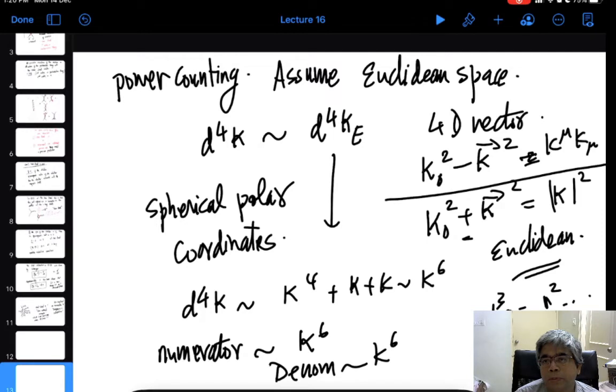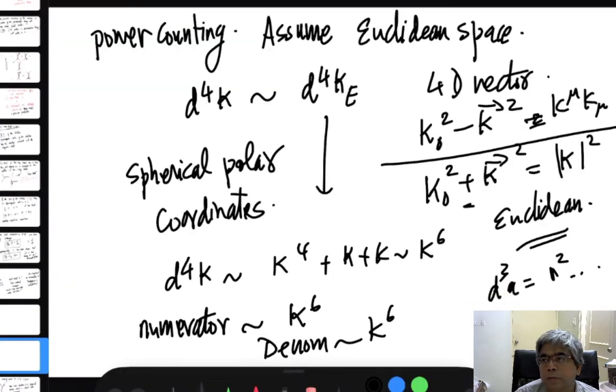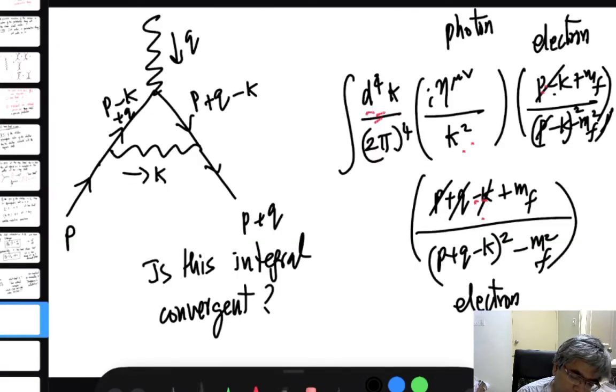Let me just see if I can make things slightly better. So the denominator goes as k power 6. So let me call the total integral I of k.